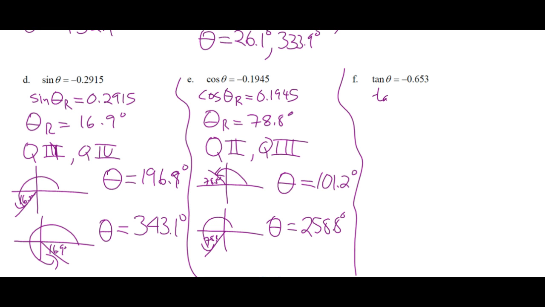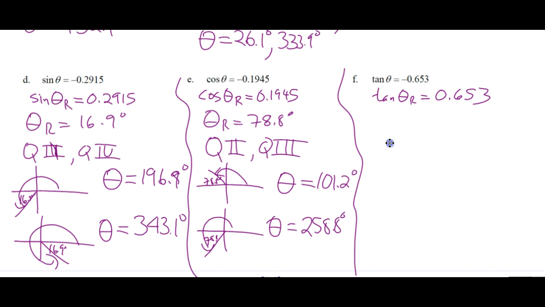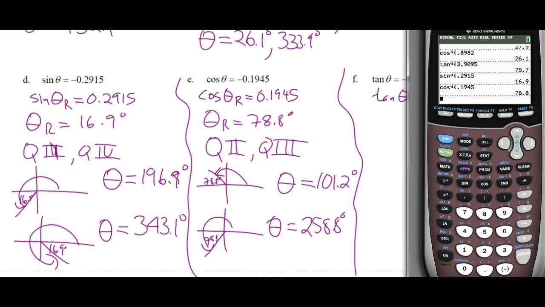Okay, so the tangent of the reference angle is 0.653. What? Well, I don't know what the angle is yet. Let's figure out the angle. Never mind. I'm just saying the tangent of the reference angle is 0.653, which is 33.1.